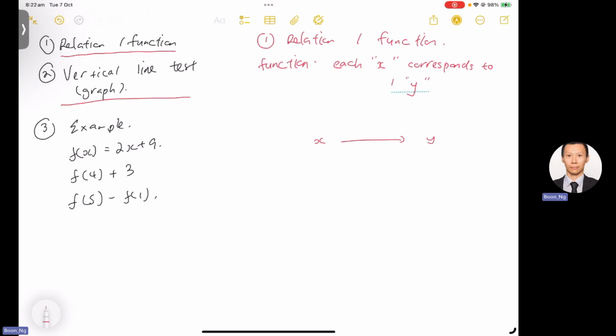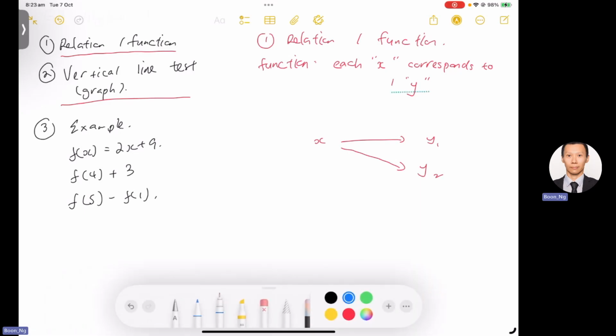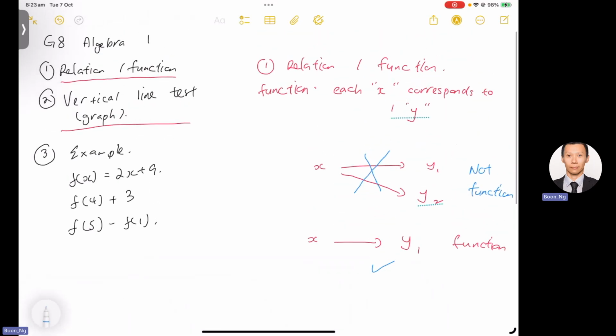If there's this way, this is not a function. This is a function. So there are four possibilities.